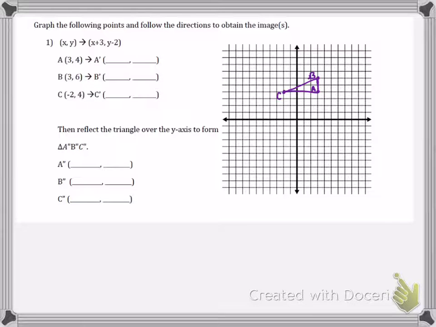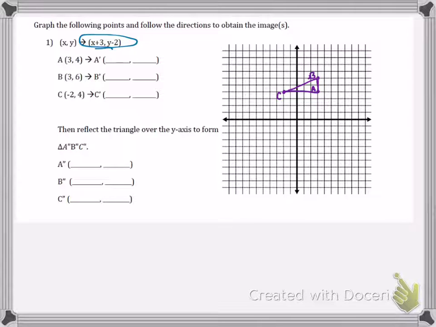And then we want to apply the transformation. It is a translation, and we're given the algebraic rule. And so I'm just going to apply that algebraic rule to each ordered pair. So to each x, I'm going to add 3, and to each y, I'm going to subtract 2.